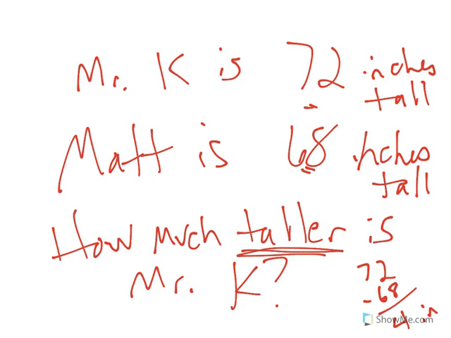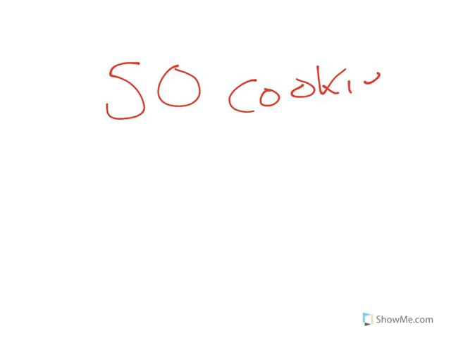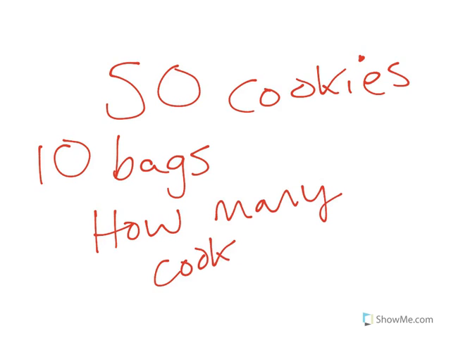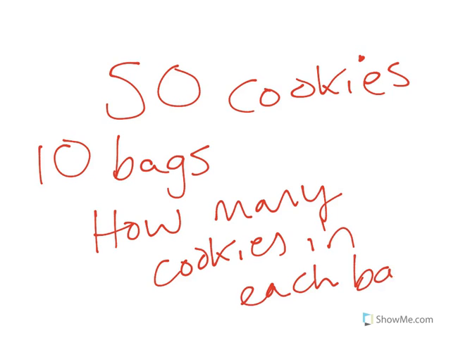Now the second problem I want you to do right along with me. Okay, for example, if you have 50 cookies and you're going to divide them into 10 bags, how many cookies in each bag? Okay, I want you to look and think about what kind of problem that's going to be. You can rewind if you need a reminder.